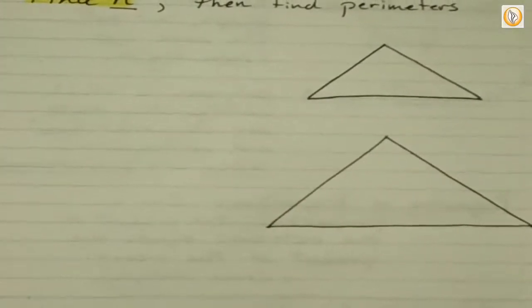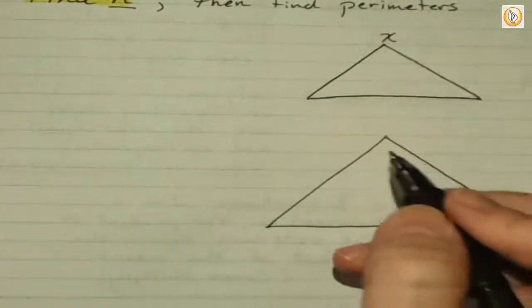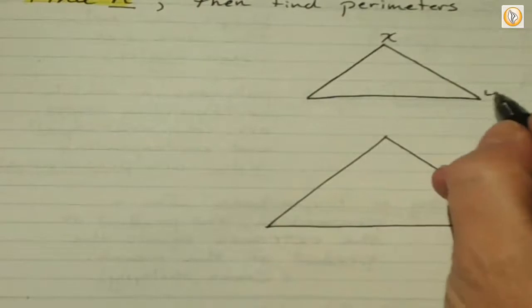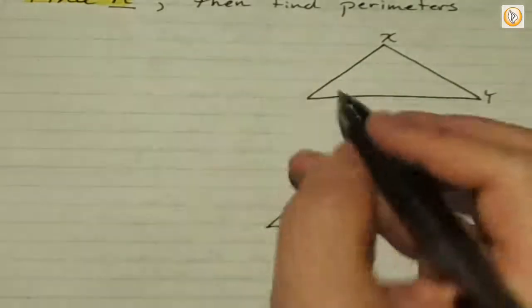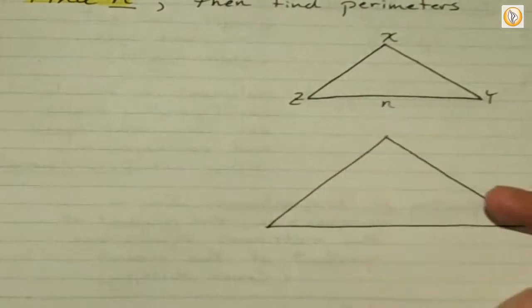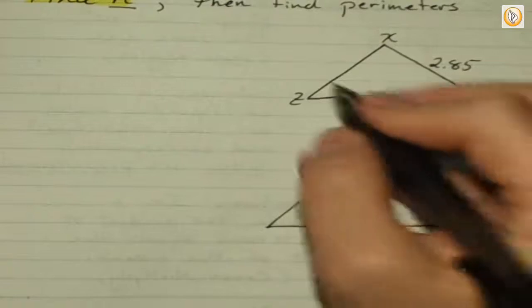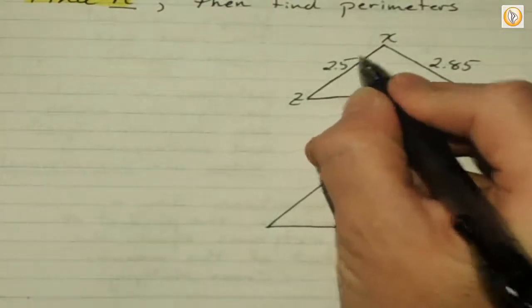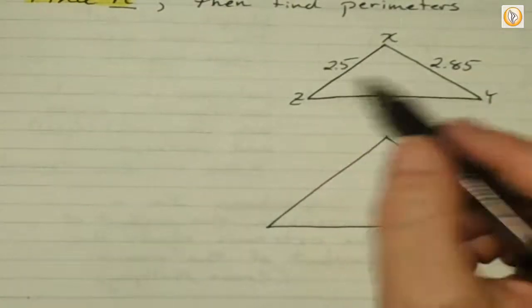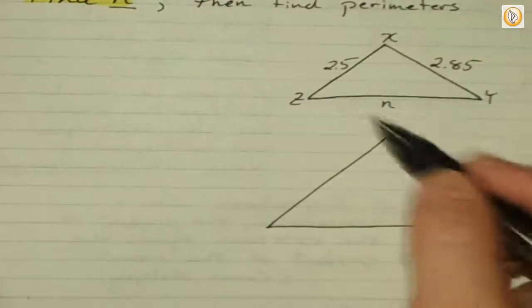Okay. I have X up here, and I'm copying this out of the book on page 106. And this is Z. I have N here. I have 2.85 over here and 2.5 here. So those are what's been given to us in the book. Does everyone see that?